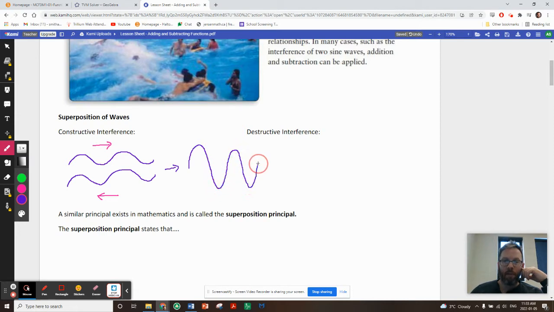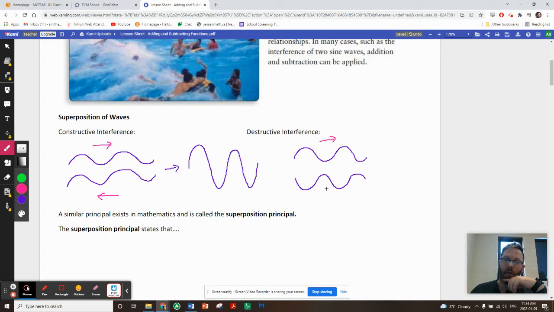That leads into destructive interference, but that's okay. What destructive interference says is, let's say you have two similar waves, but this time those waves are shifted a little bit. Let's say there's a little bit of a phase shift going on. So they're perfectly out of phase, where one has a high point, the other one has a low point, and vice versa.